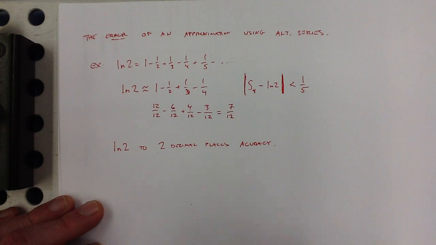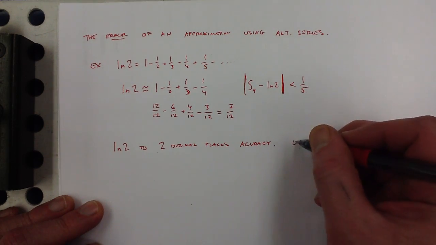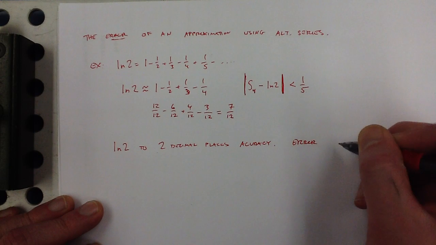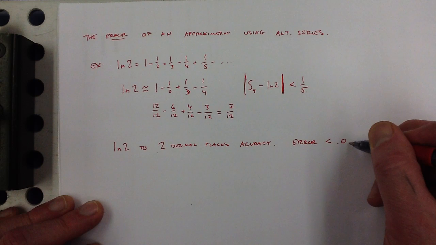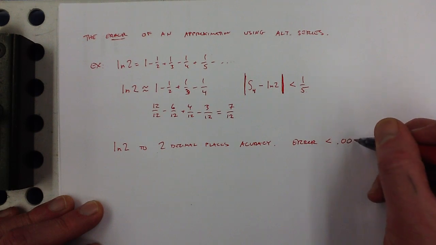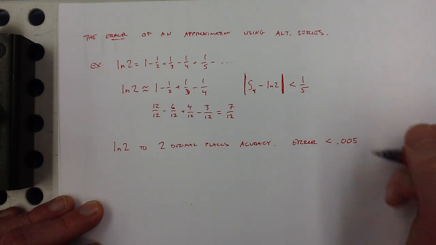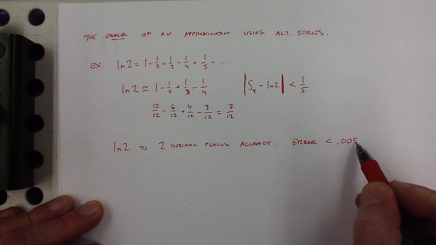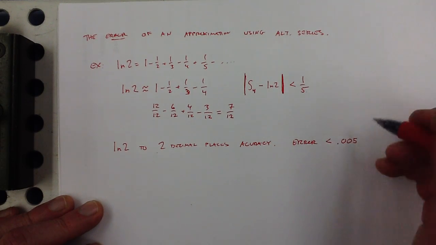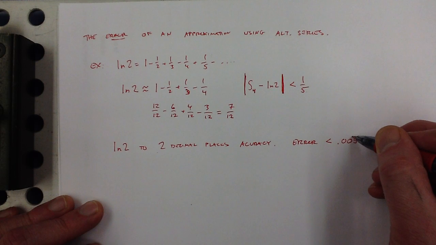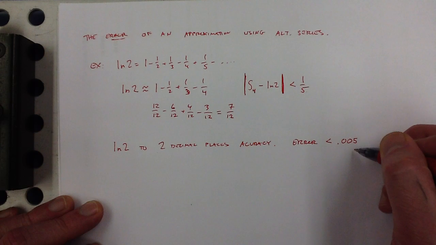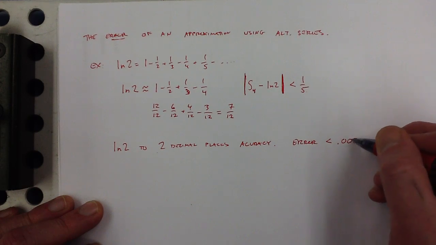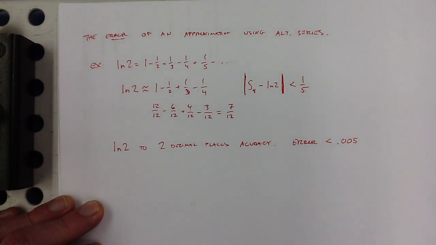That actually means we want the error to be less than 0.005. You might think it'd be 0.01, but that could get us off by an entire decimal place. So we go half of the 0.01. If you want to be accurate to this decimal place, you put zeros up to that decimal place you want accuracy, and then a 5. And that'll get us within the decimal place that we want, right? So it wouldn't round to a different decimal in that place.